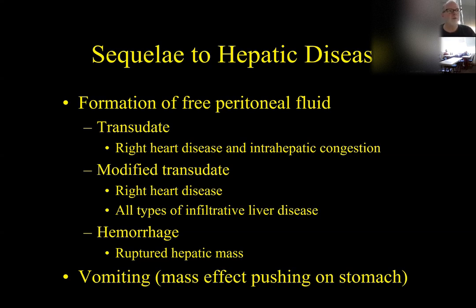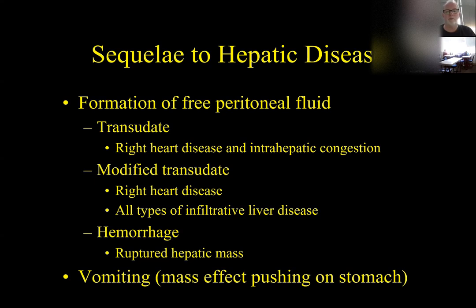Okay. A pure transudate in the peritoneal space is water-like, very thin, non-cellular fluid. You can see that sometimes in dogs that have right heart disease that get ascites and hepatomegaly just due to right heart disease and dilatation of the vessels inside the liver. You can also get a modified transudate fluid accumulation that forms in the peritoneal space.